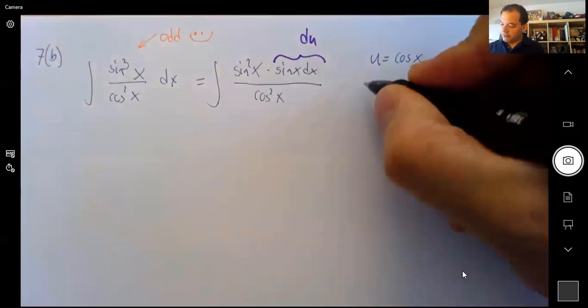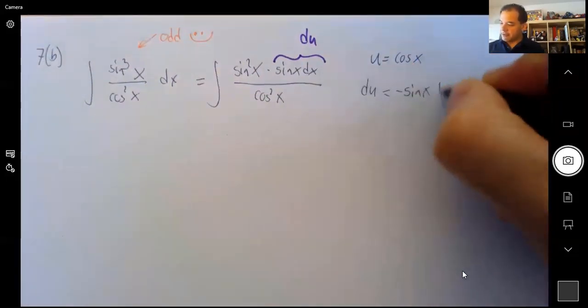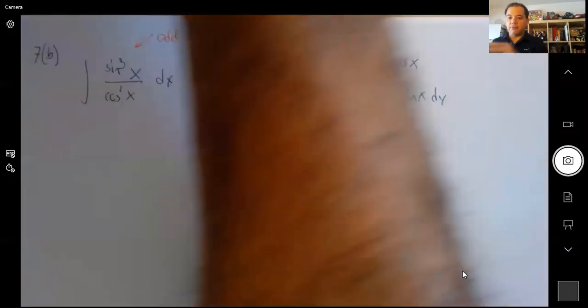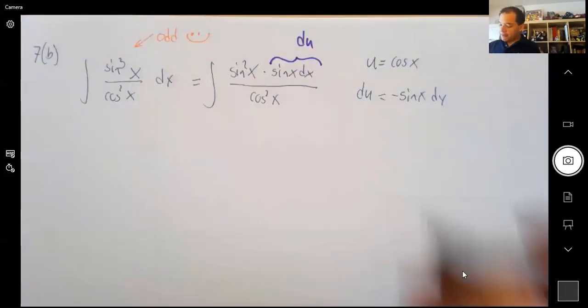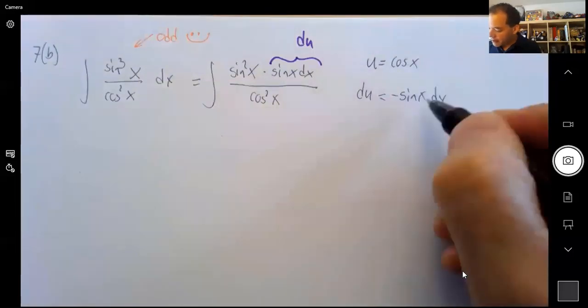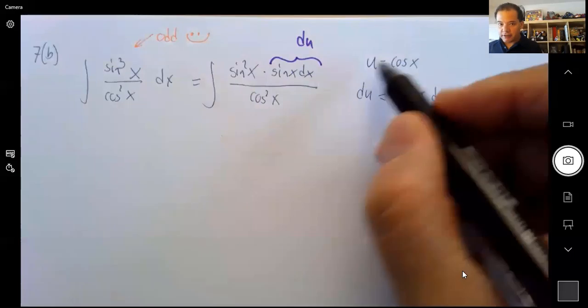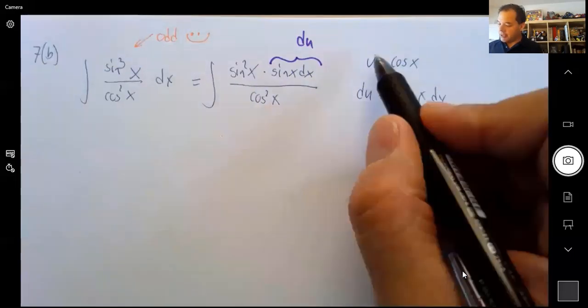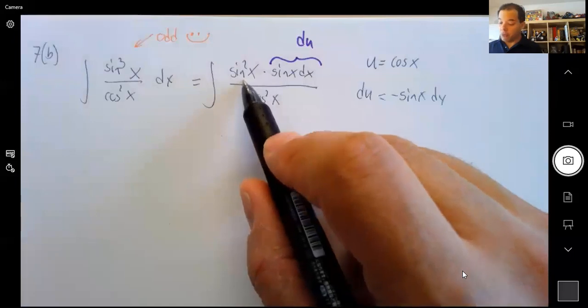So if u is cosine, then du is negative sine x dx. Okay, and then you change everything, and this cosine immediately works here, and it doesn't quite work here, but then you use sine squared plus cosine squared equals 1.